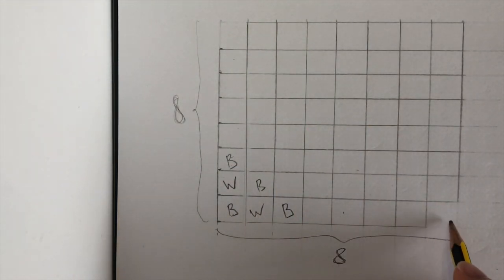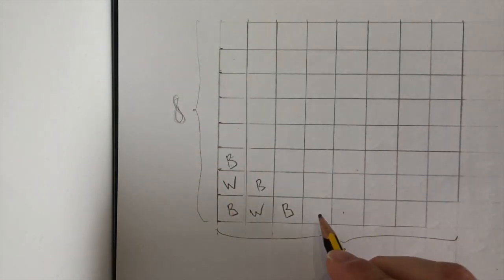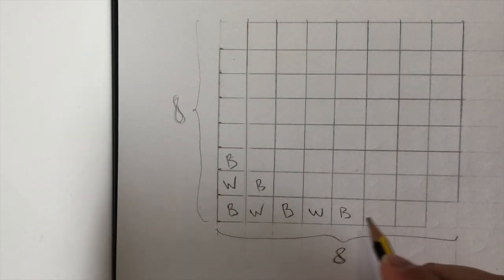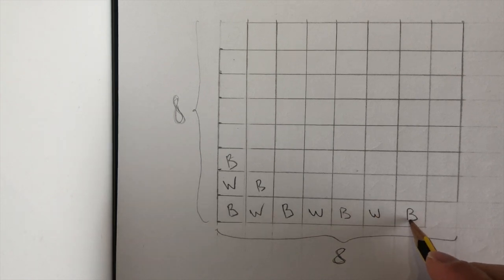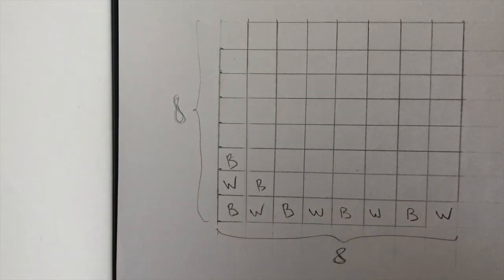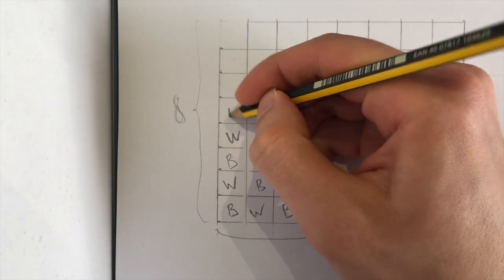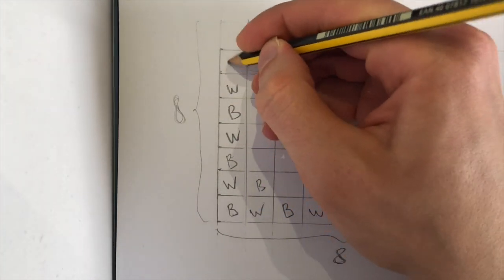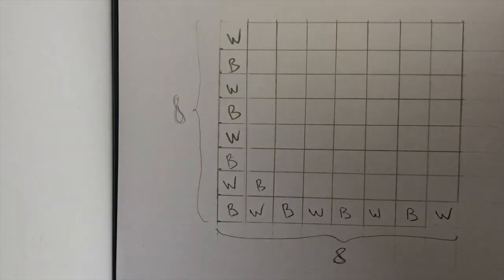Well, they will alternate along a given row and along a given column, so I get this sequence. So this corner is white, and if I do it above here, I also get a white.